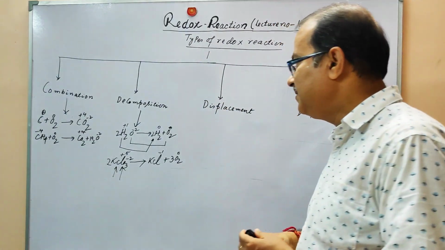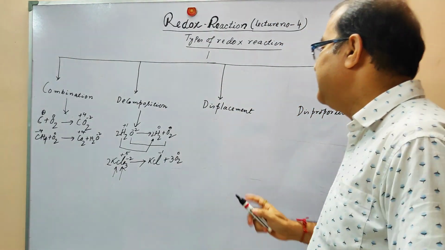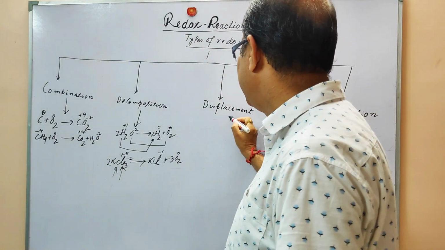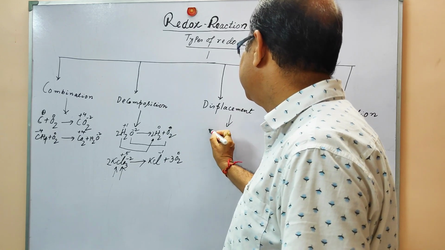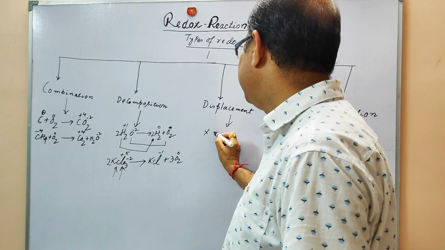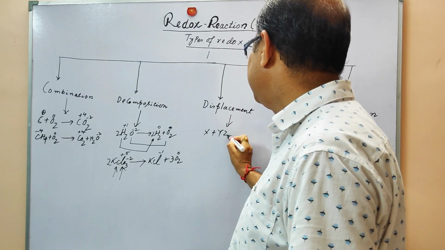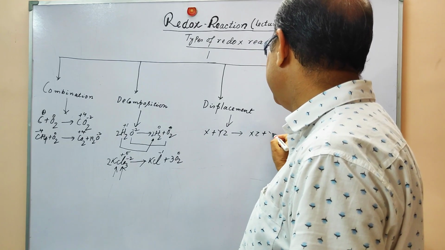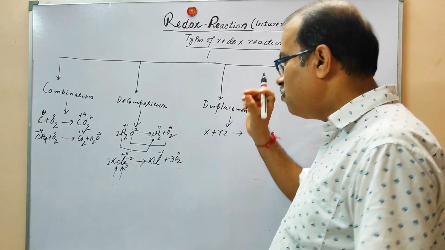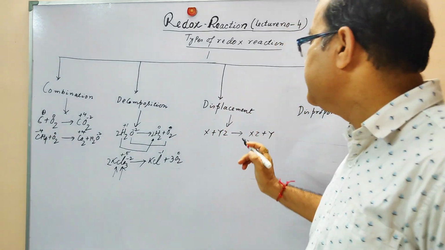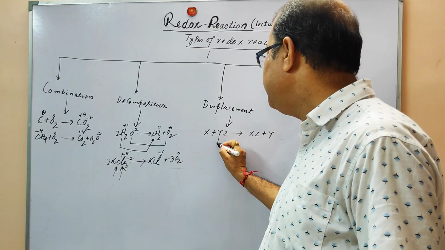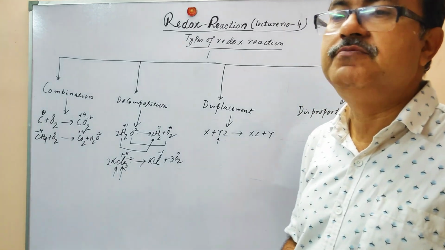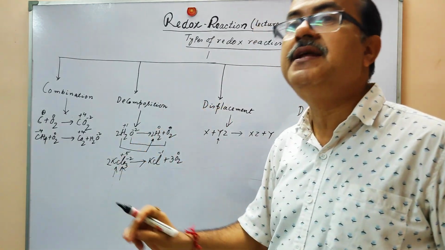Now we are going to discuss a very important type of reaction, the displacement reaction. What is a displacement reaction? This can be expressed like this: X plus YZ produces XZ plus Y. So what you can see is that one element of a compound has been replaced by another atom.